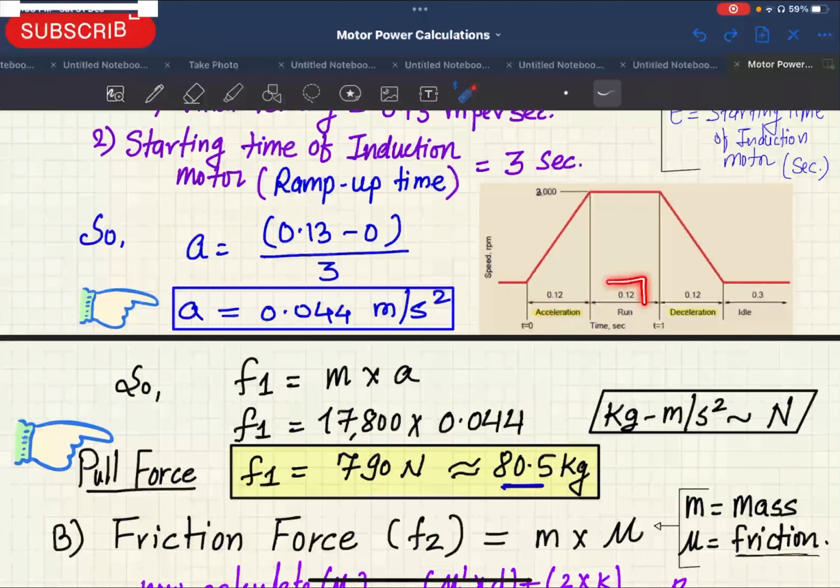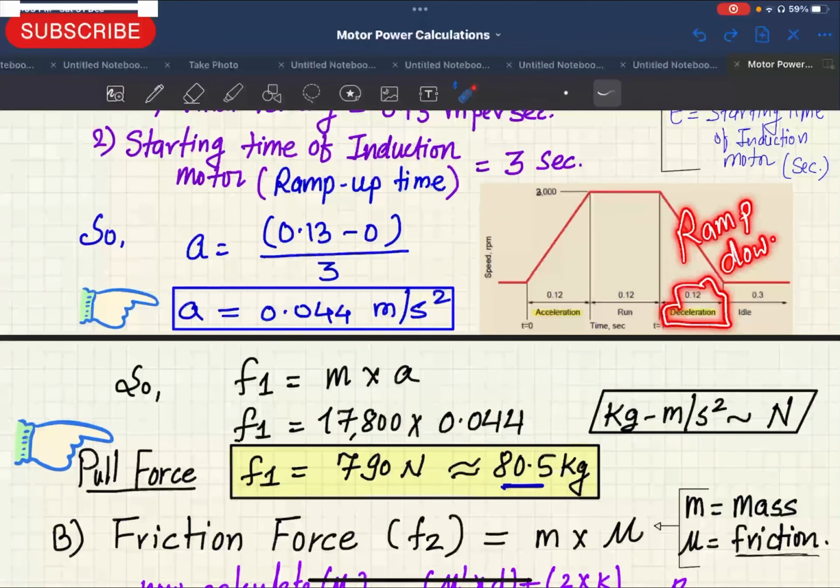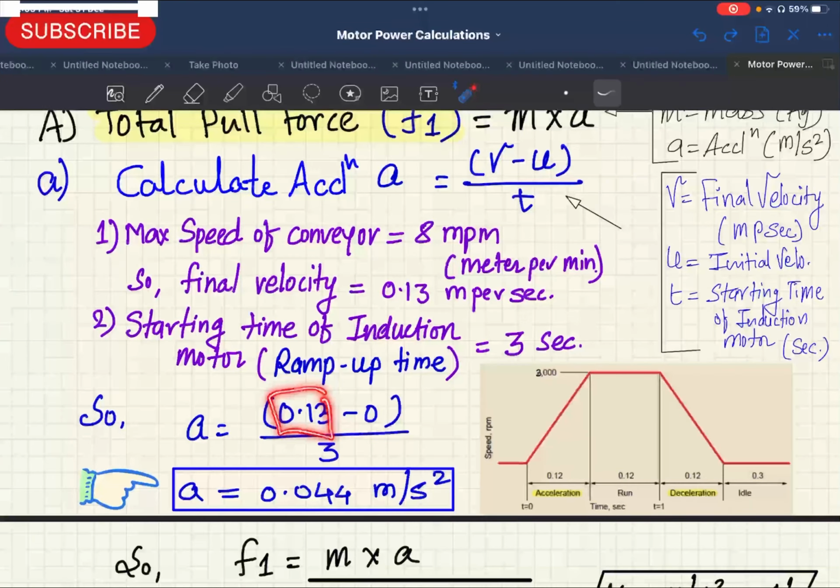When it reaches 3000 RPM and runs for a certain time, and you switch off the motor, it ramps down to 0 RPM. To come down to 0 RPM, it again requires some deceleration time, which we can call the ramp down time.